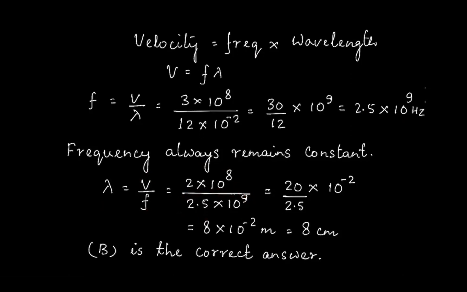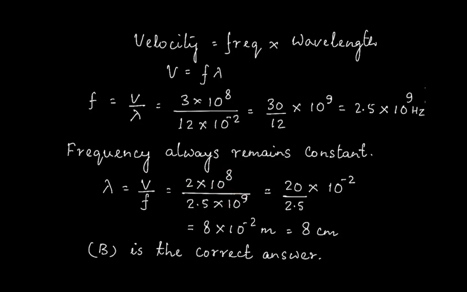When you divide this, you can do a little bit of math here, and you will get 8 times 10 raised to the power negative 2 meters. And that would be 8 centimeters. Here is the math I did. You see 2 times 10 raised to the power 8. What I did was I made it 20 times 10 raised to the power 7, and this is divided by 10 raised to the power 9.